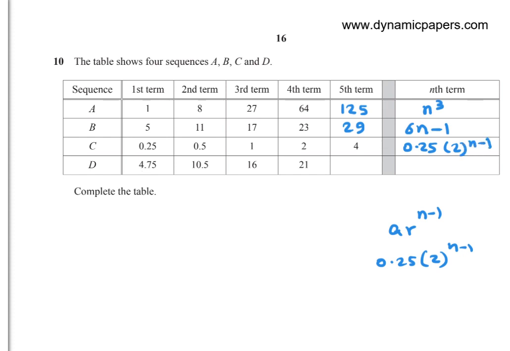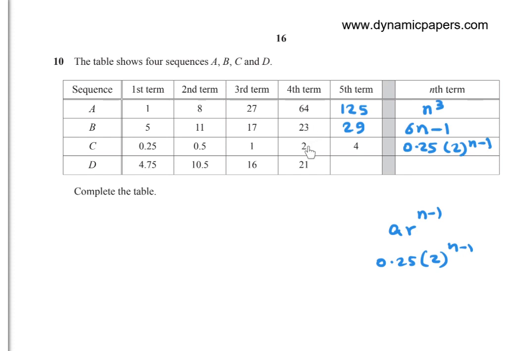Now sequence D: 4.75, 10.5, 16, 21. It's not easy to find the nth term if you just look at sequence D. But if you look at the other sequences and sequence D at the same time, maybe you can deduce the nth term for sequence D. Look at this column: 23, 2, 17, 1, 16, 11, 0.5, 10.5, 5, 0.25, 4.75.